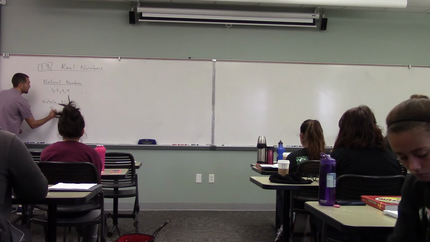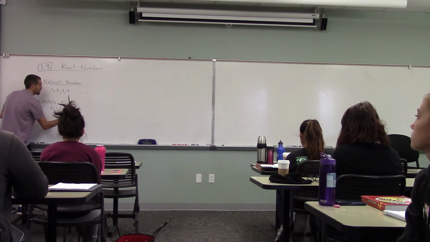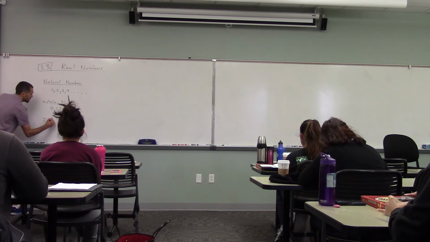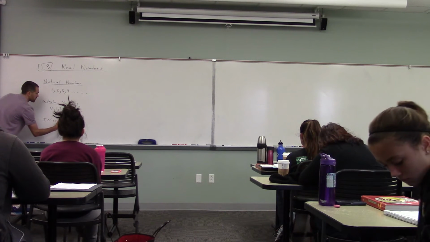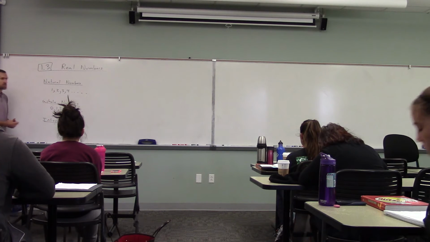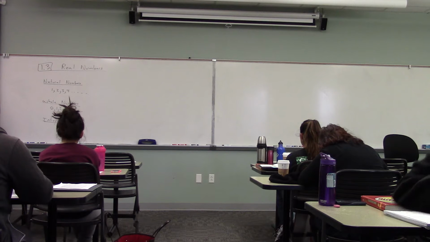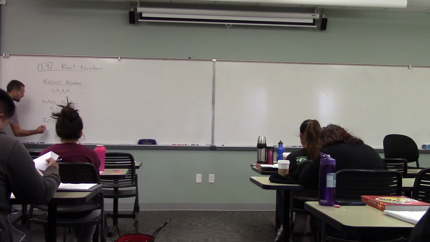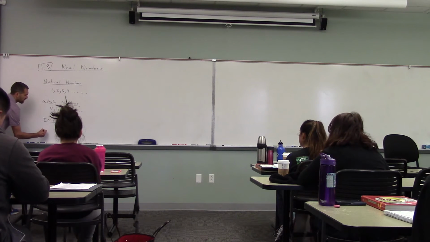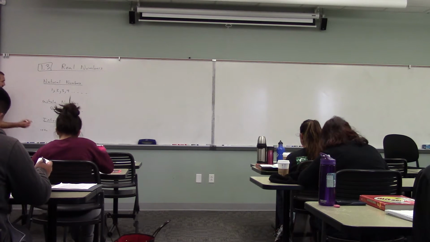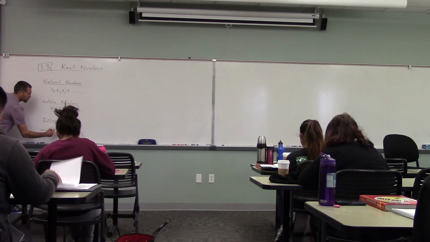So 0, 1, 2, 3, 4. And then integers. This is the one that's most common, that you'll see most in the book in terms of questions and problems. And this means all the positive and negative natural numbers and 0.